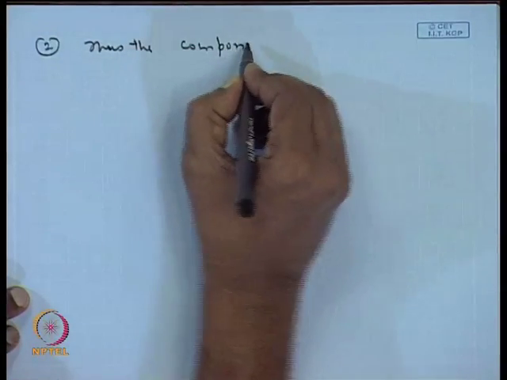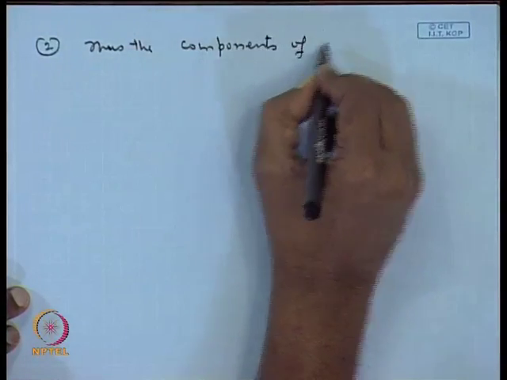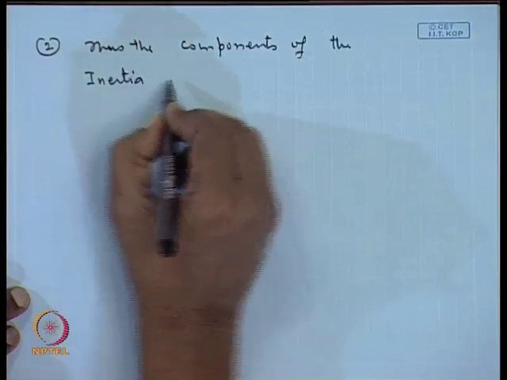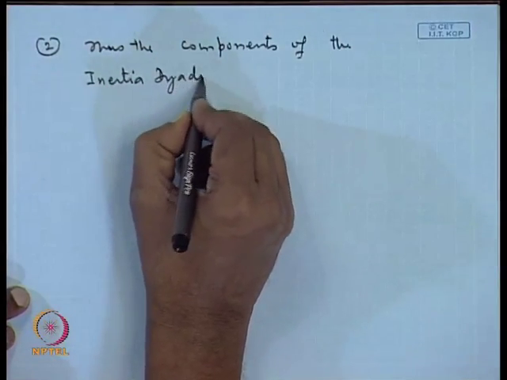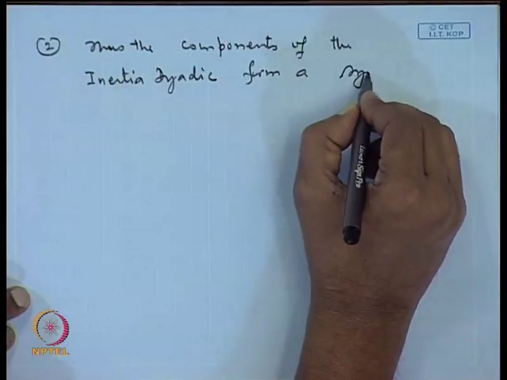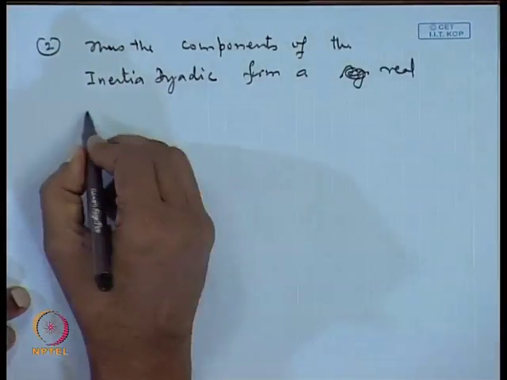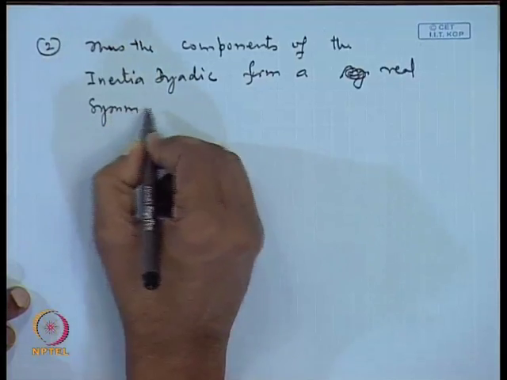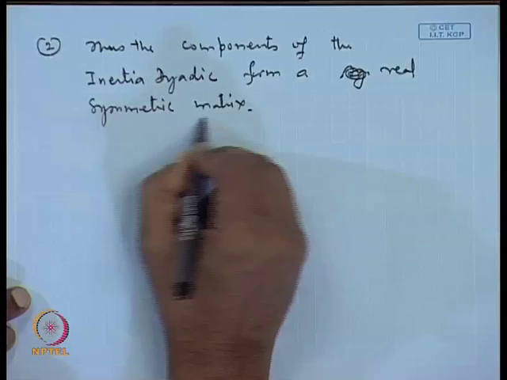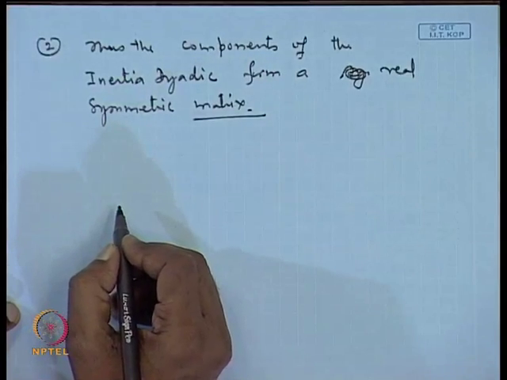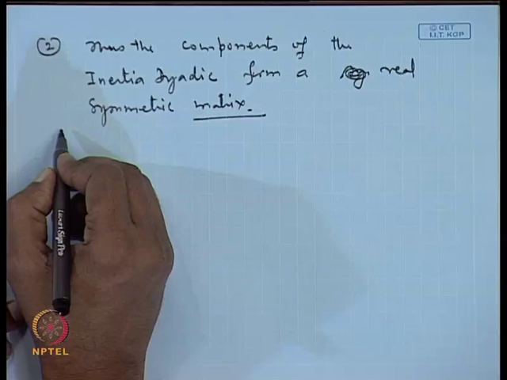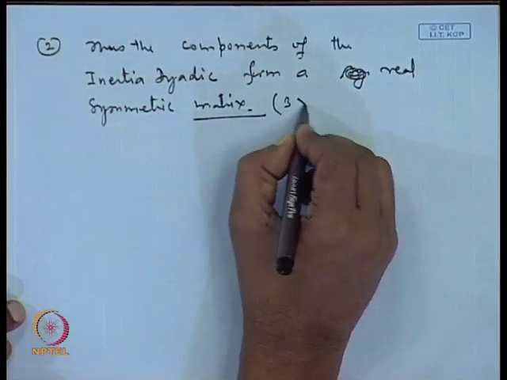Thus, the components of the inertia dyadic form a real symmetric matrix. Here we are talking about the magnitude part, and this is a 3 by 3 matrix.